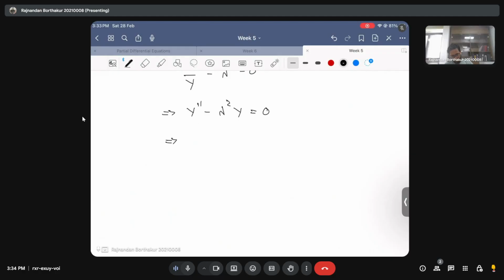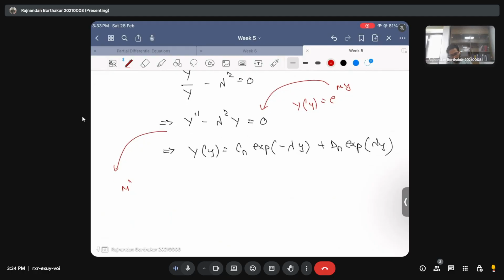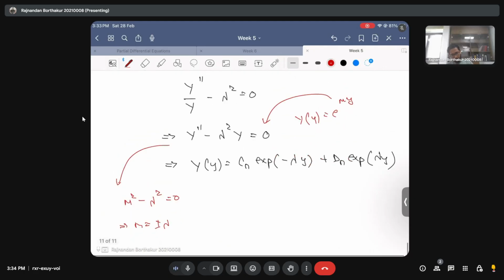That means Y as a function of y is going to be equal to some Cn times exponent of minus lambda y, plus some Dn times exponent of lambda y. It's the same thing you need to do: take Y of y to be equal to some e power my, and substitute it. You'll get m square minus lambda square equal to 0, which means m is going to be equal to plus and minus lambda, and the solution is basically this.